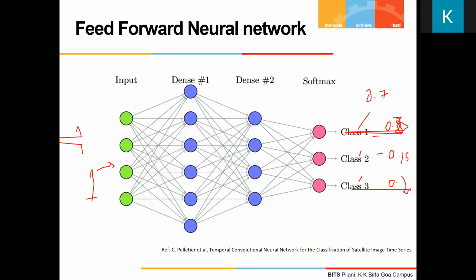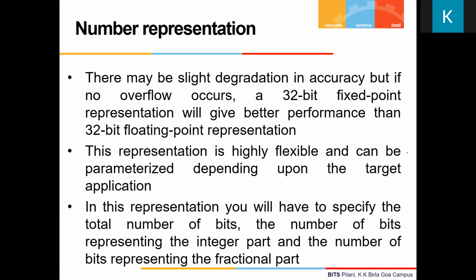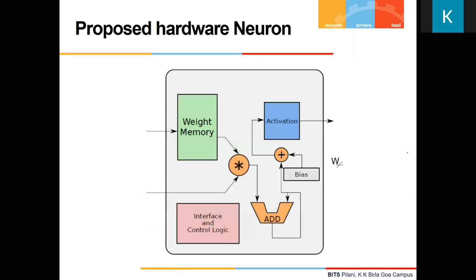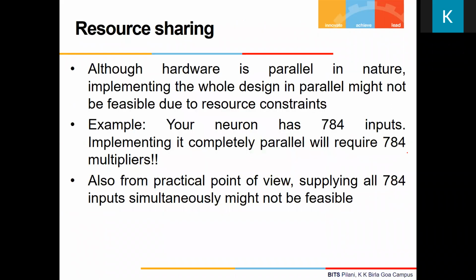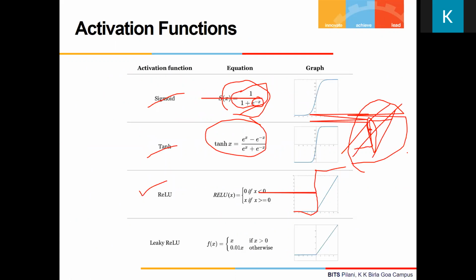No problem, it will still be classified as 1. This small loss in accuracy is acceptable in classification applications. But beyond a certain point, the error will be too high and things won't work. So this also we need to keep in mind.